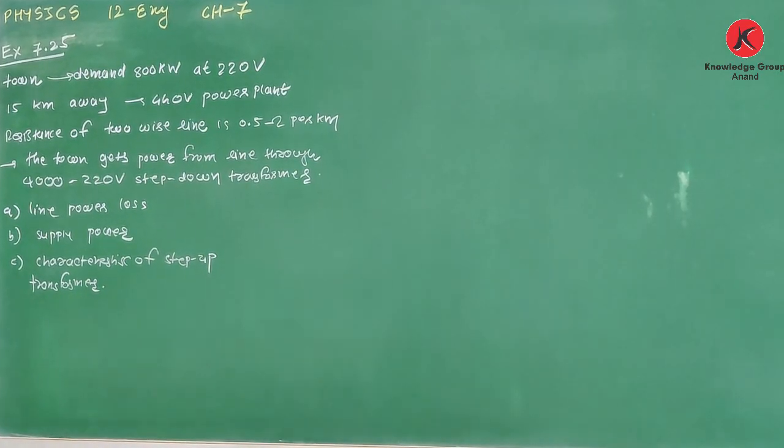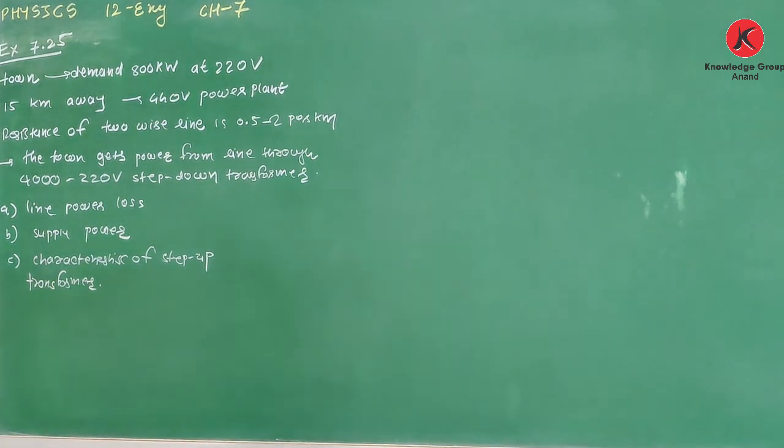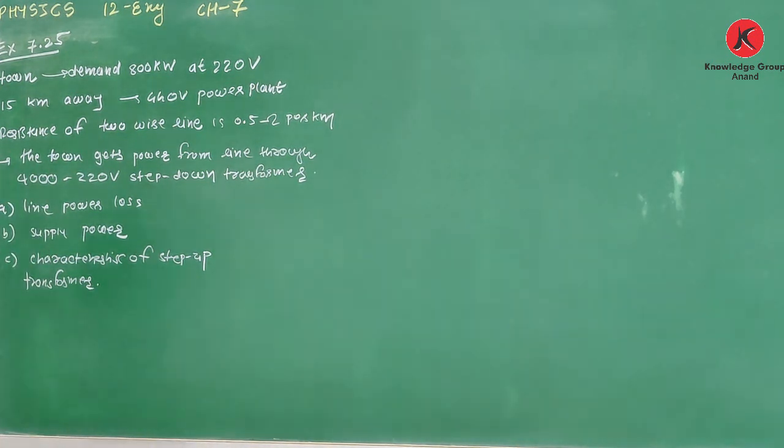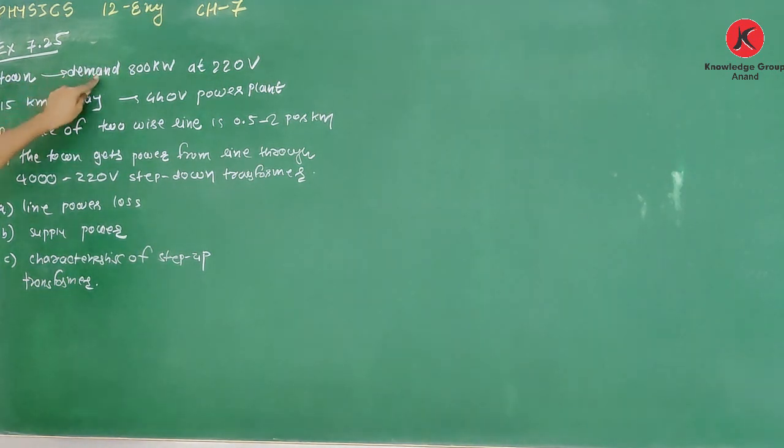Chapter 7, alternating current. Next question from exercise 7.25, and the last one from this chapter. See, here it is. A small town has a demand of 800 kilowatt power at 220 volt.